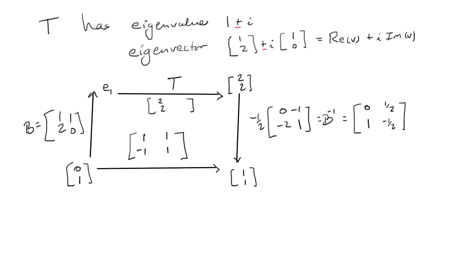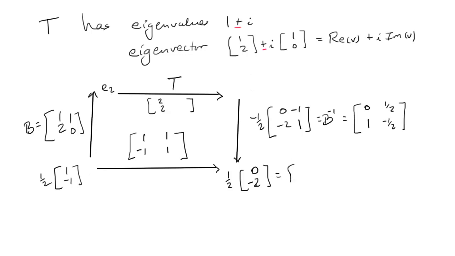Now I'll do the same for E2. Feed it through the inverse matrix: 1 of the first column minus 1 of the second column, half that. So negative of the second column of B, there's my second column of T.